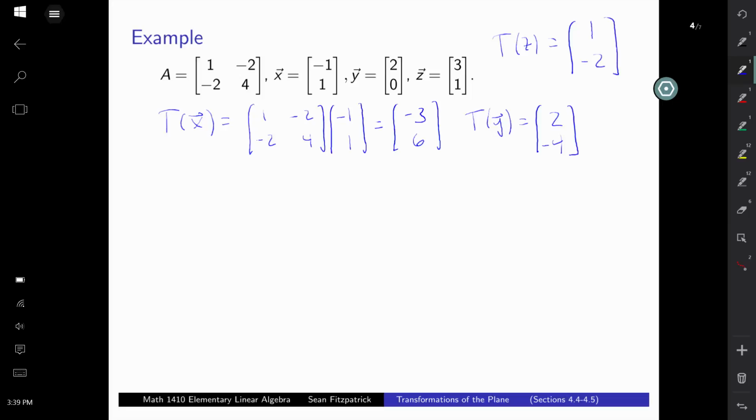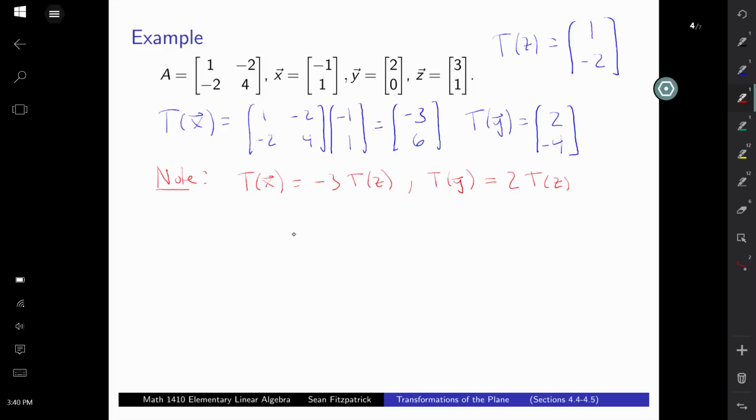One of the things you might notice here is that all of these guys are parallel. So notice that in this case, T of x is -3 times T of z, and T of y is equal to 2 times T of z.